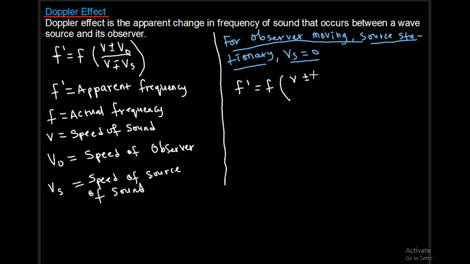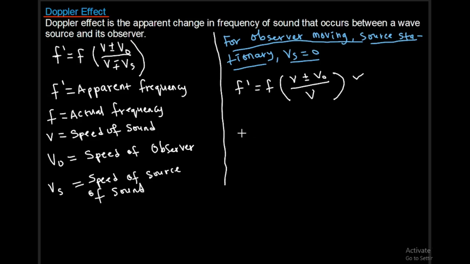All over, we have the speed of sound, v, but vs is 0, so there's no point writing it here because the source is stationary. So whenever we have the source stationary and the observer moving, this will be our equation for the apparent frequency in the Doppler effect.